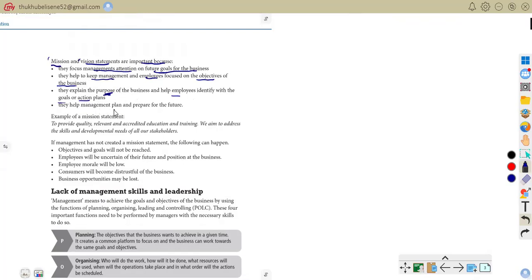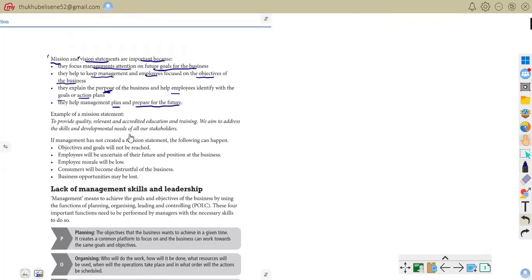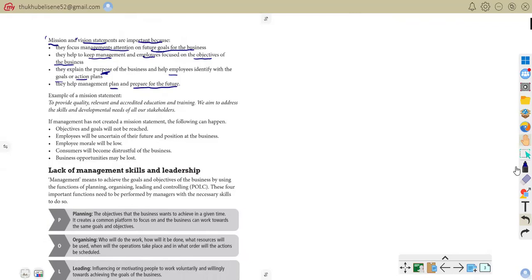They help managers plan and prepare for the future. Now we are given an example of a mission statement: to provide quality, relevant, and updated education and training. We aim to address the skills and development needs of all our stakeholders.